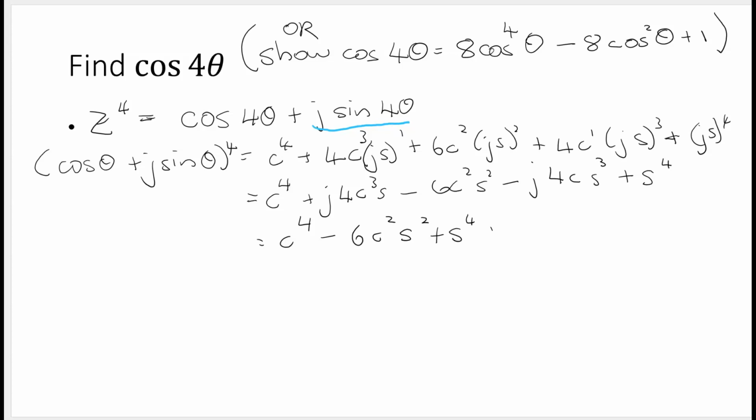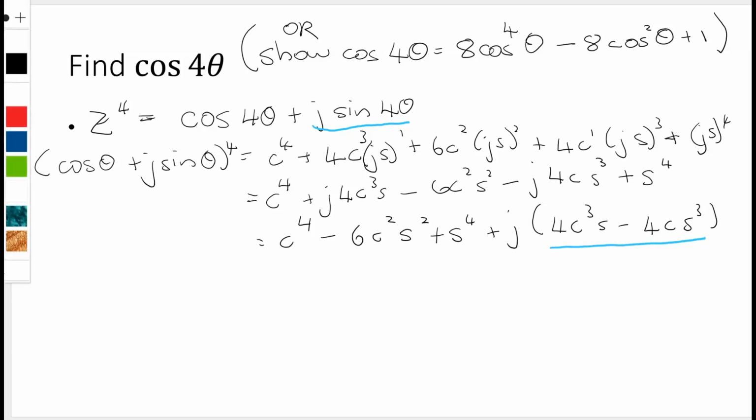And then take out a common factor of j. So I've got the first term 4c cubed s minus 4sc cubed. So now I'm ready to match the imaginary part of what we've expanded. It's there. And I need to match up the real part with the real part.